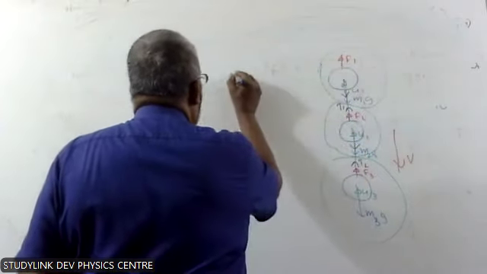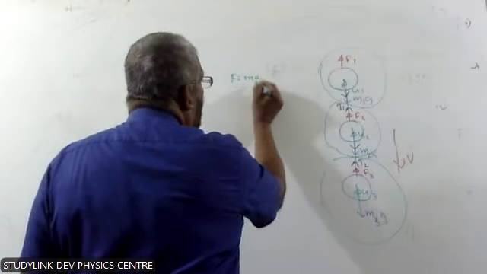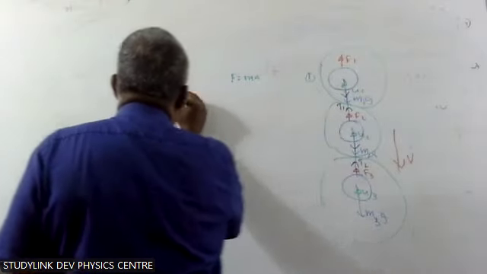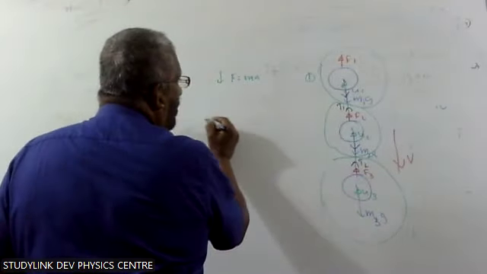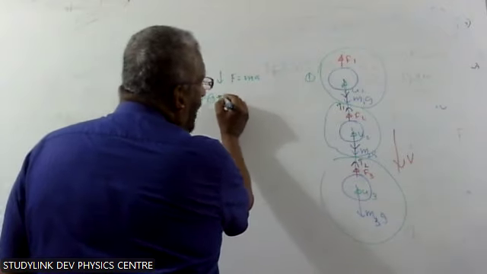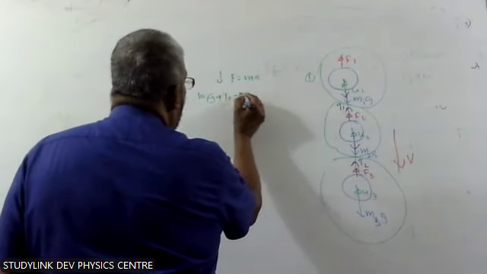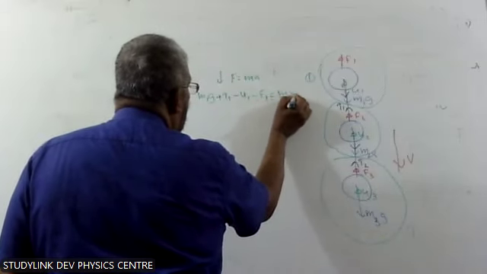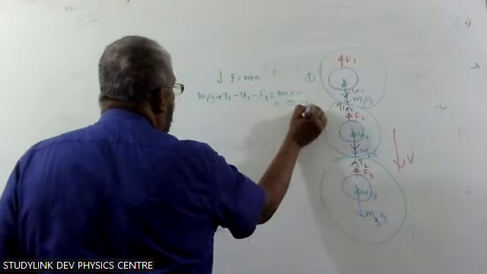Then you apply F equals ma for each one. First one, we'll say this is the first one. The first one, downwards. Then you get M1G plus T1 minus U1 minus F1 is equal to M into 0. That is the first equation.